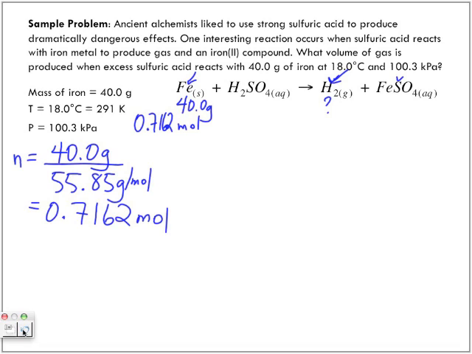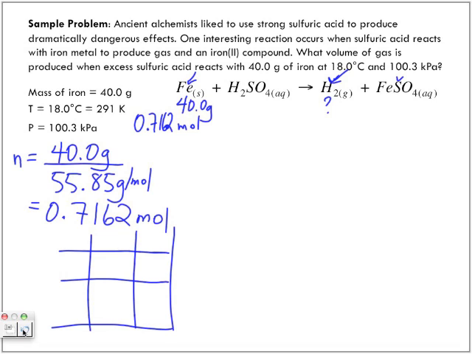So we know, using the stoichiometry chart that I've used in the past, we'll go back to the old lessons, we have the following. We've got our unknown, which is hydrogen. That's what we need to find. We've got our iron. We know moles and the old-fashioned molecules.